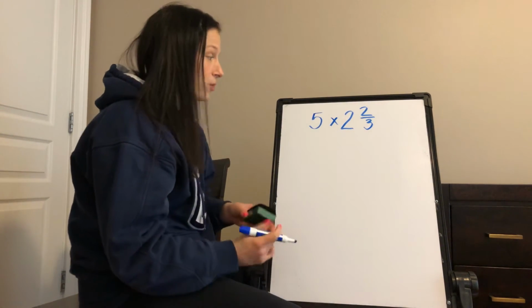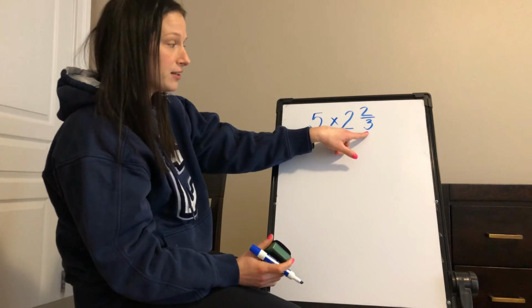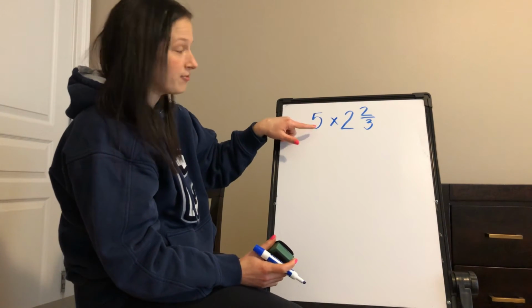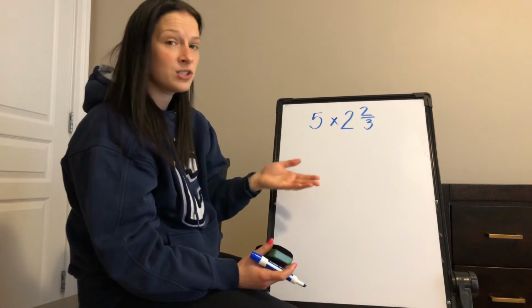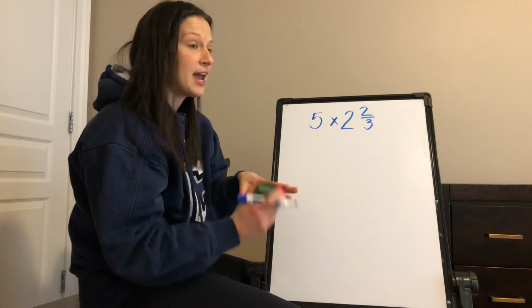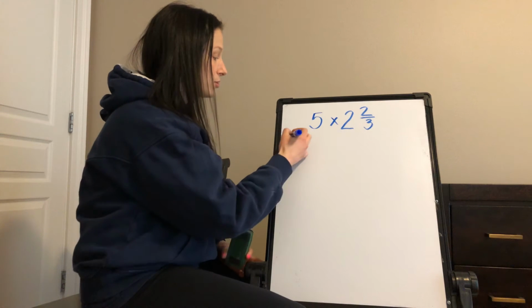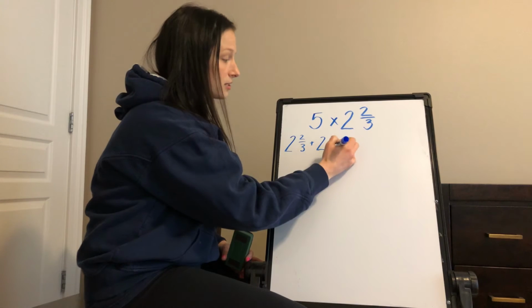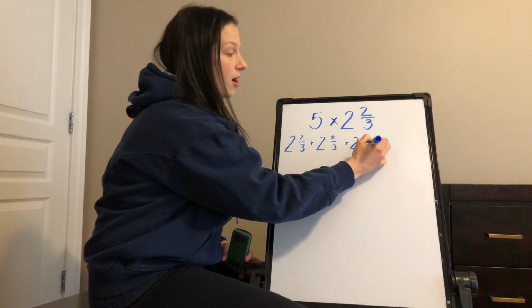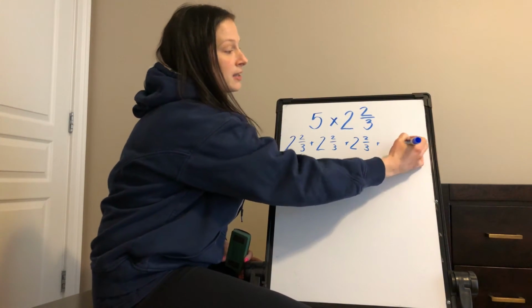So I'm going to run 2 2/3 miles 5 times, so I have 5 groups of 2 2/3. Again, if you wanted to do this as repeated addition and you love working with mixed numbers, you can do 2 2/3 plus 2 2/3 plus 2 2/3 all the way up to 5 times.